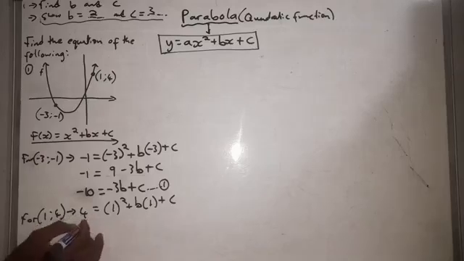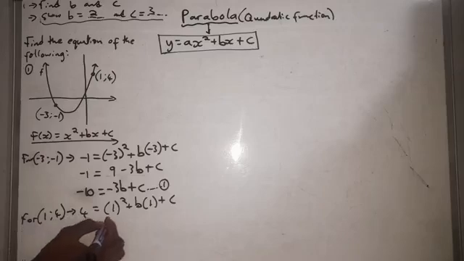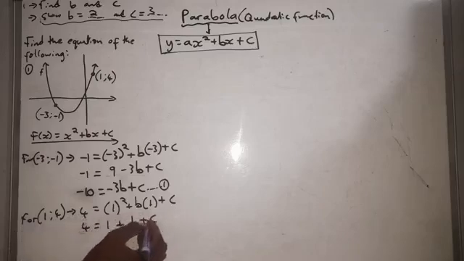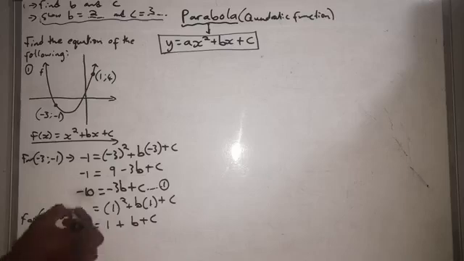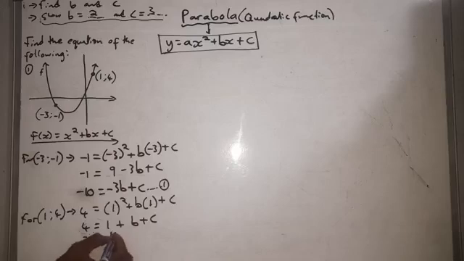So 4 equals 1 plus b plus c. Then this to this side. Oh, I miscalculated that. This to this side is going to be 3, I thought it's going to be 5. So 3 equals b plus c. This is equation number 2.